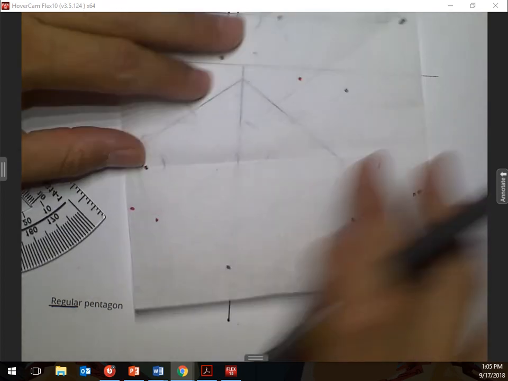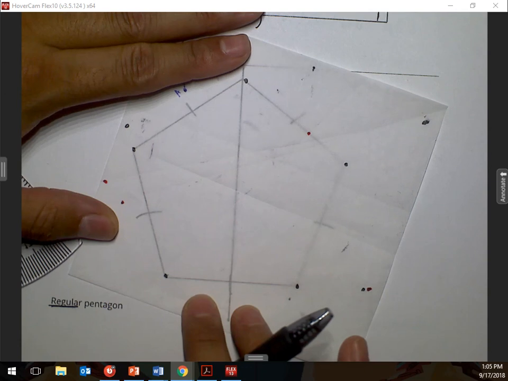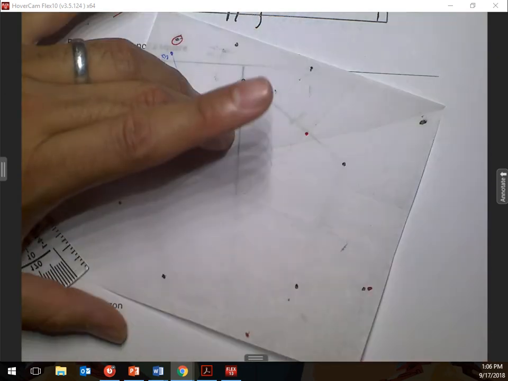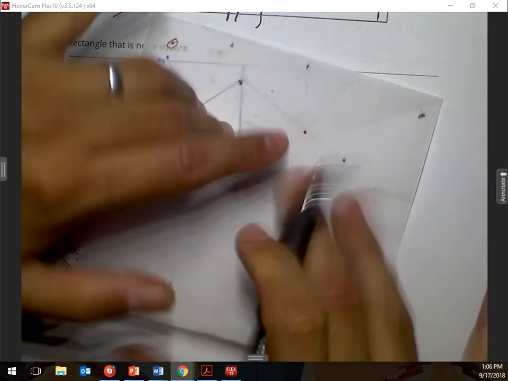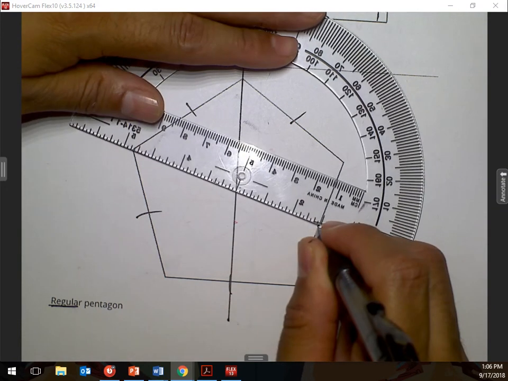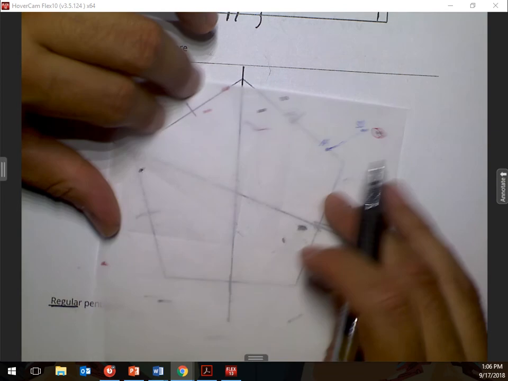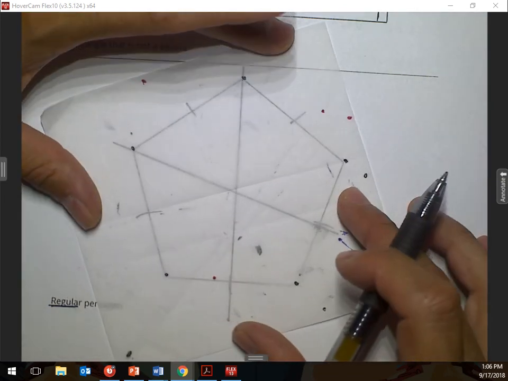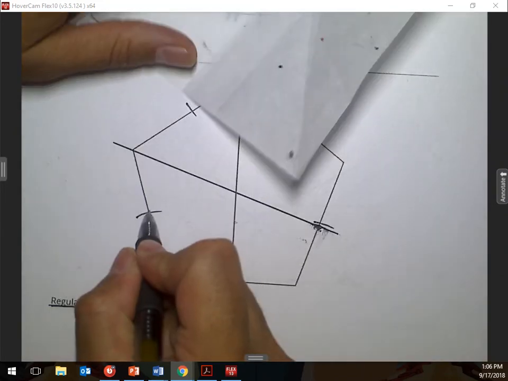Alright, so I'm going to do the same thing that I did. I'm going to use the same points, since this is a regular pentagon, so I can line up my points like I did here, here, here, here. And so this one's going to line up to right here. Draw my line. Do the same thing for each one of these. So I'm going to go here to here, line up my points, fold it, goes to right here.